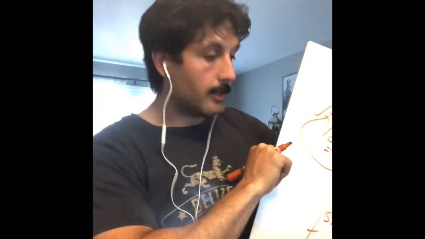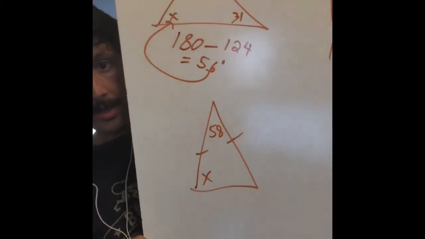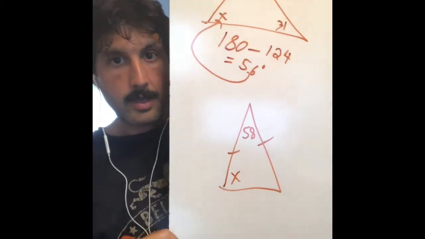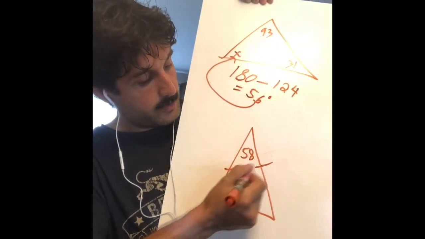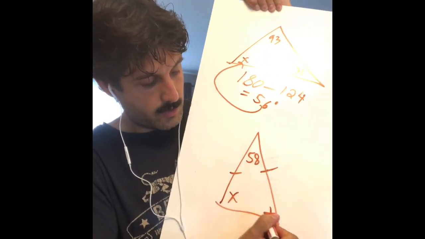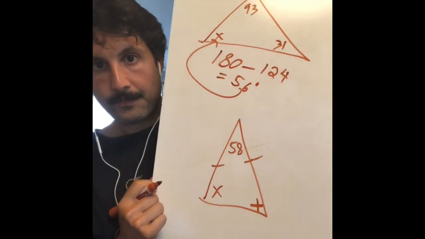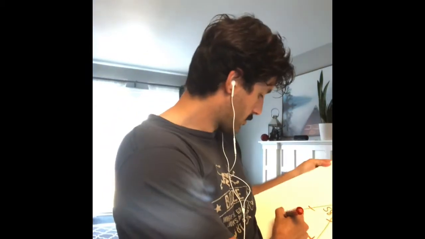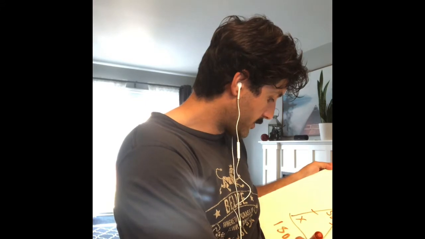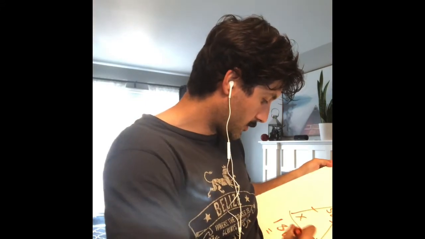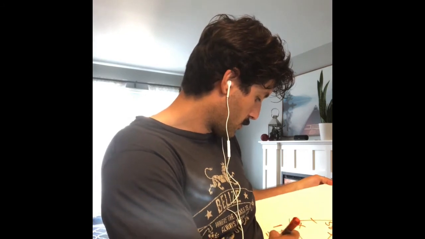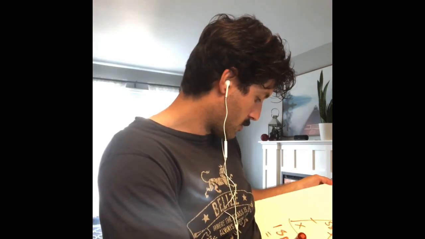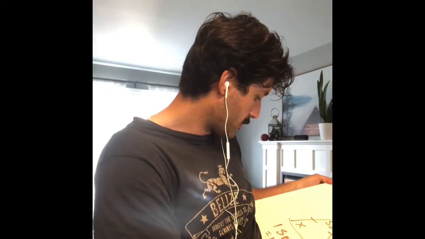The next one's a little different. We have what's called a specific type of triangle, isosceles. And isosceles triangles, if you have exactly equal sides, then your angles are going to be equal. So this ends up being 180 degrees minus the 58 equals 122 degrees.